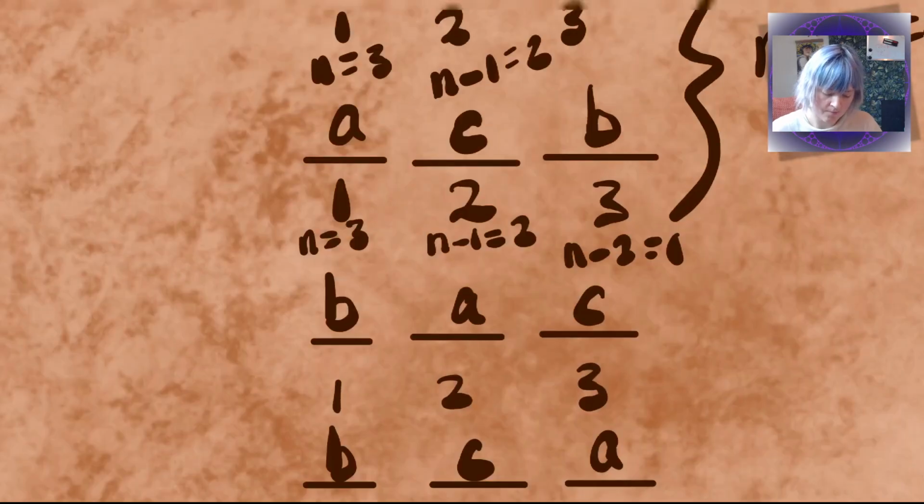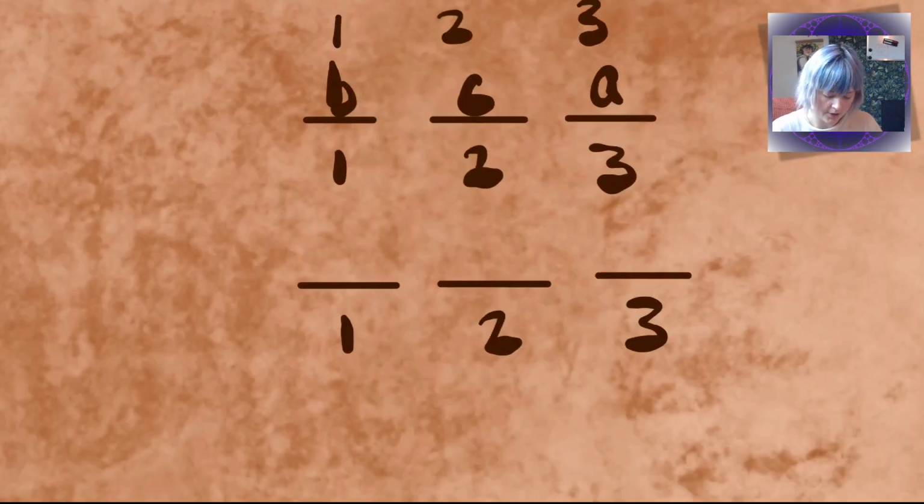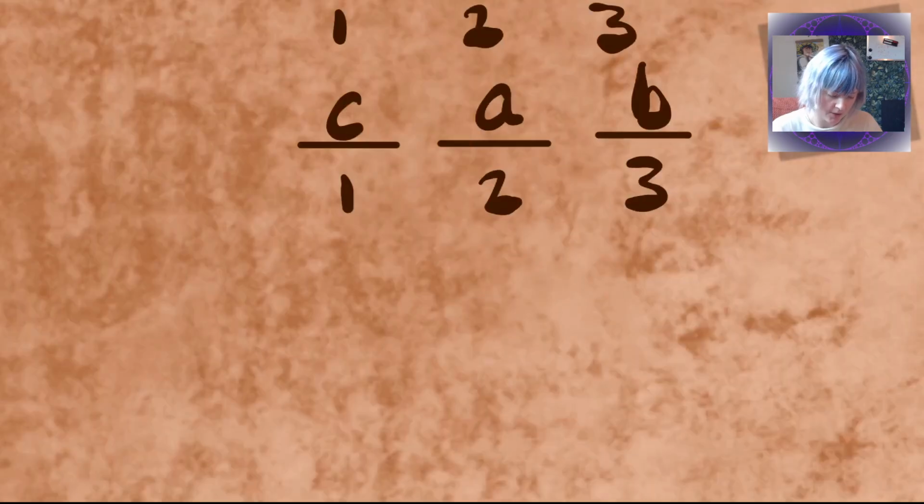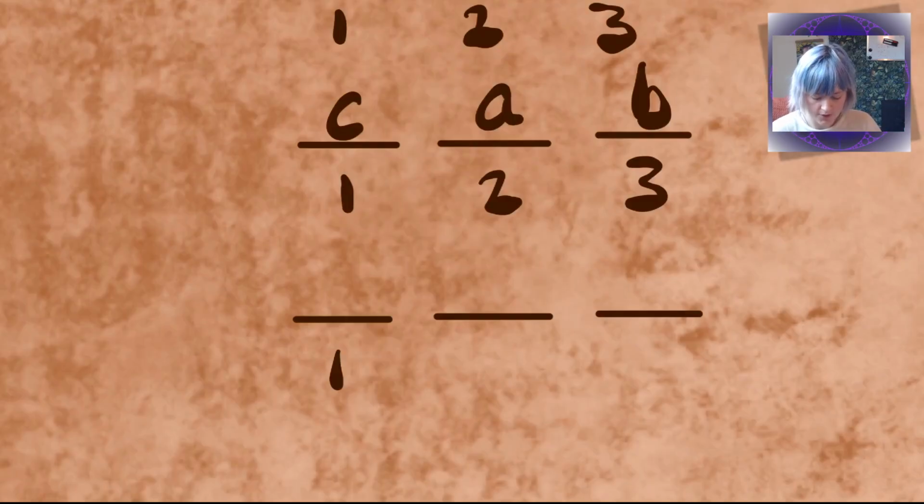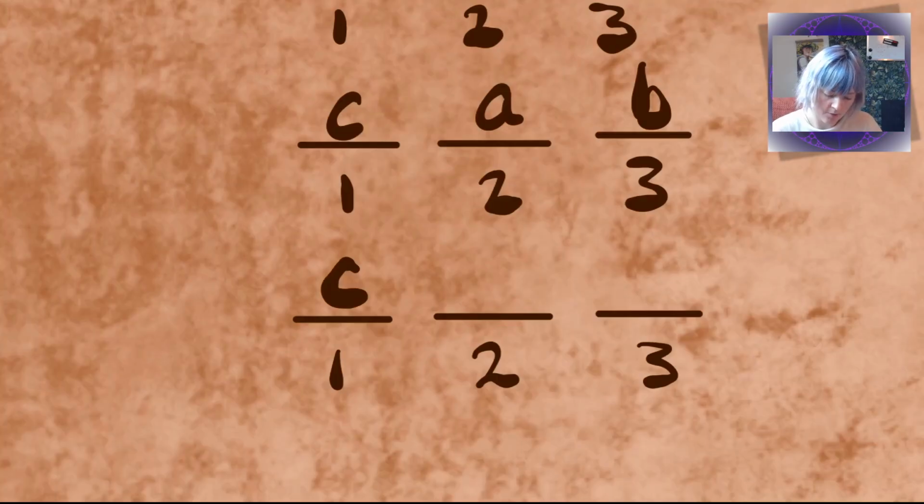So from the same logic, I can no longer choose B in the first position, so I'll have to choose C. And so then I can choose A or B. I'll choose A, and then B is the only one left. And then the last unique arrangement that we can get for n equal to 3 is going to be just swapping these, right?